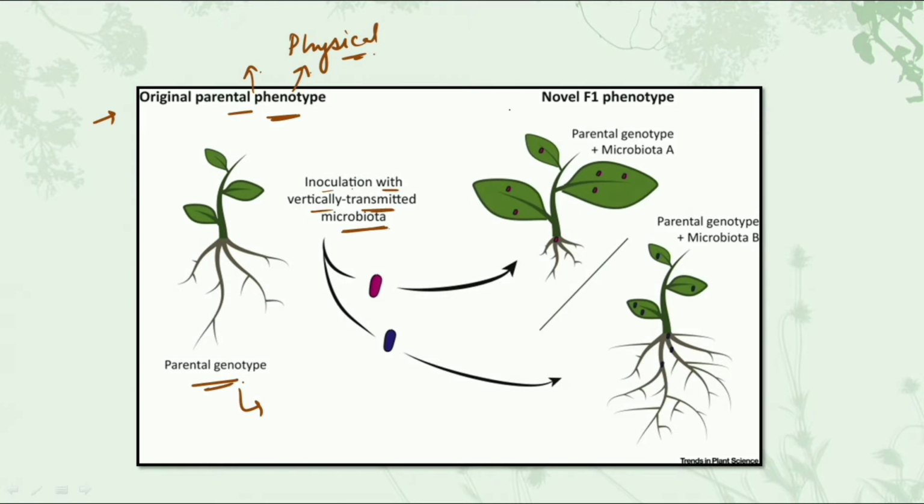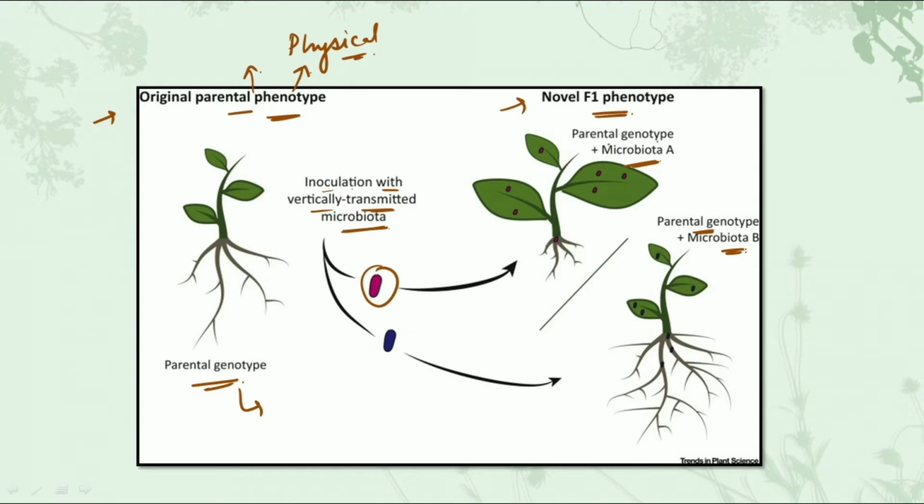As a result of the inoculation, we have the novel F1 phenotype produced. In the first one, we have the parental genotype plus microbiota A, and in the second one, the parental genotype and microbiota B. So we are trying to make the final plant that we want with the desired characteristics.